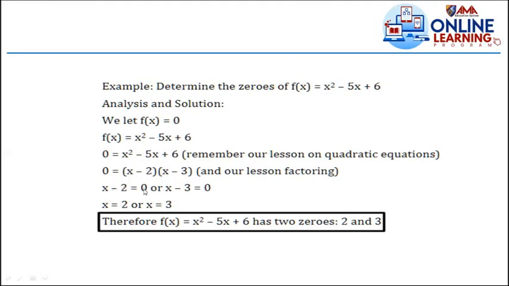X minus 2 is equal to 0. X minus 3 is equal to 0. Okay, so therefore, if we're going to simplify it further, x will be equal to 2, x will be equal to 3. So therefore, the function f of x equal to x squared minus 5x plus 6 has 2 zeros. We have the answers 2 and 3.